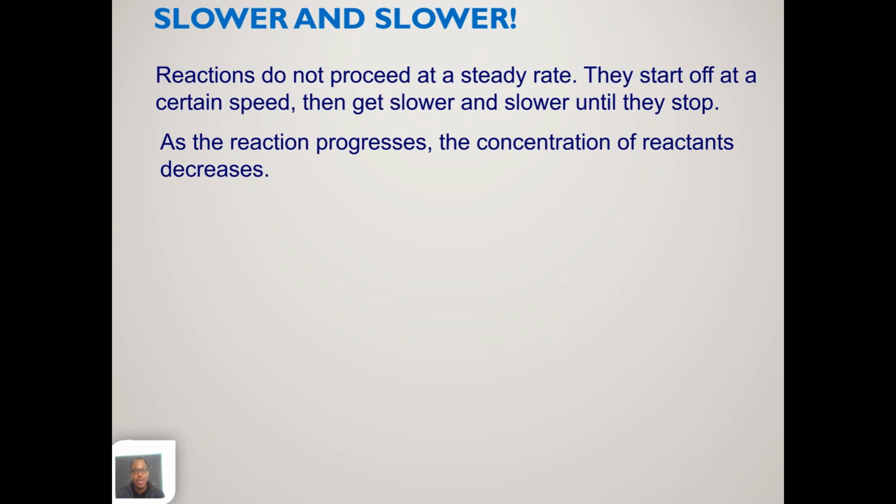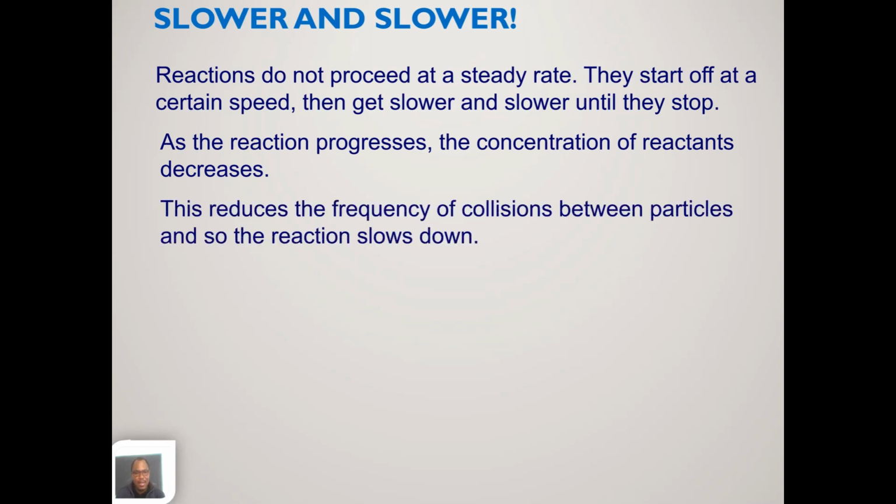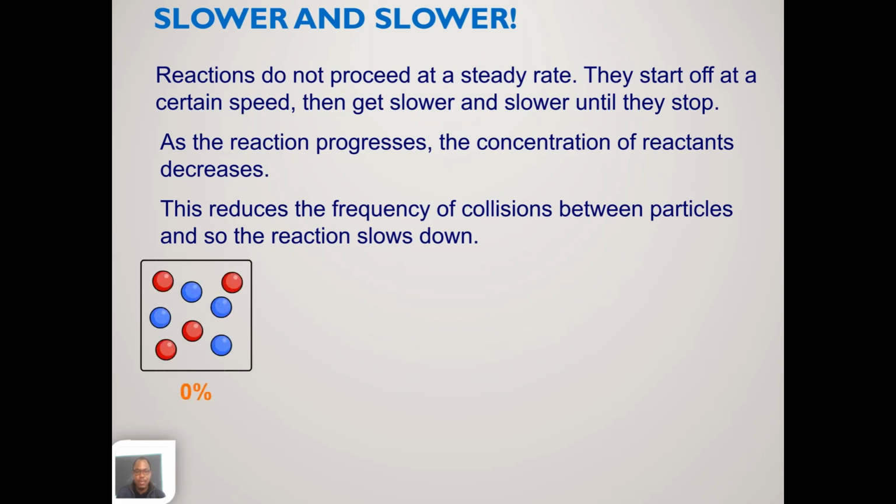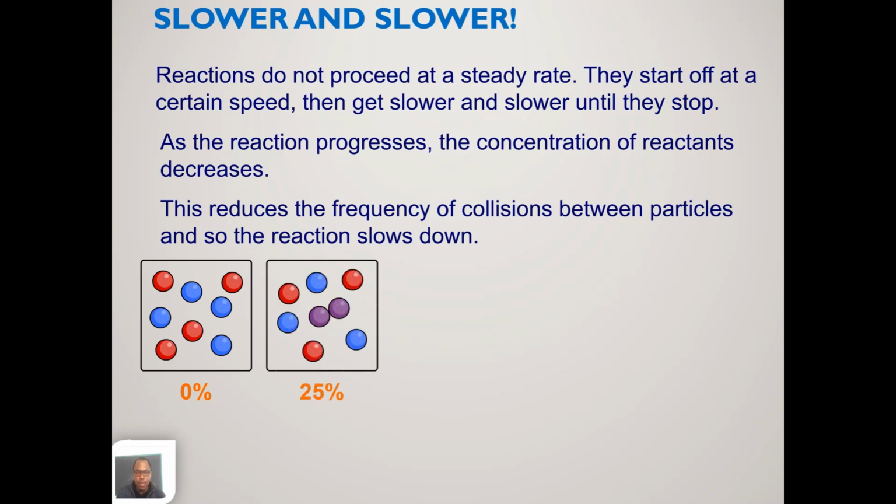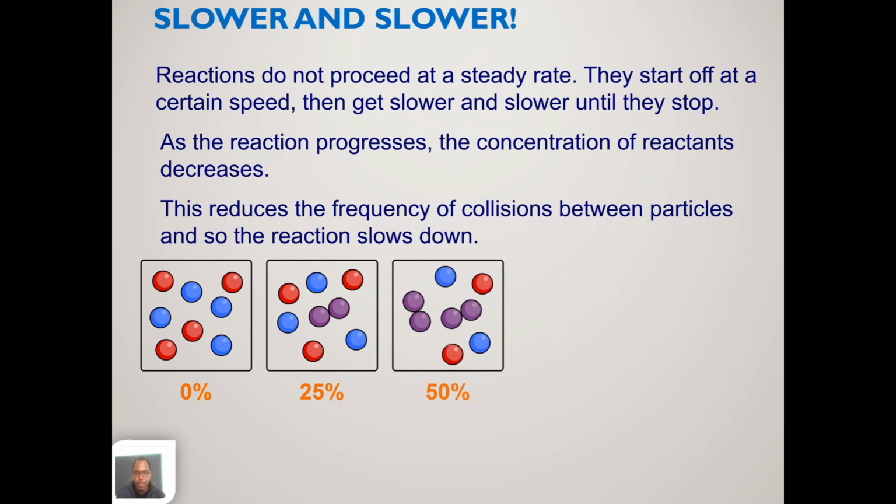As the reaction progresses, the concentration of reactant decreases. This reduces the frequency of the collision between particles, and so the reaction slows down. There's a collision between the particles of reactants forming products.